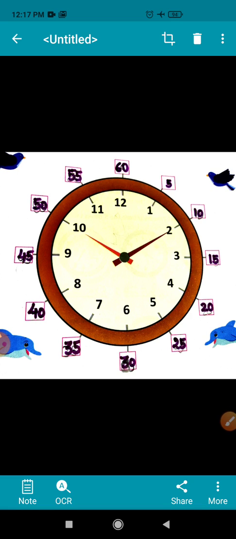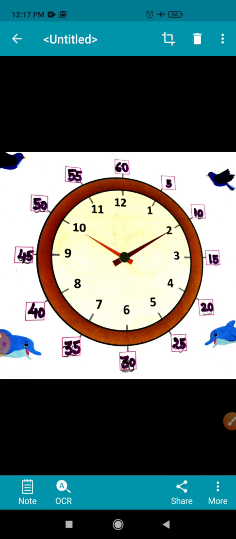Children, here in this picture you can read minutes by counting in fives. When the long needle is on 1, it will be read as 5. When it comes on 2, because we are counting in 5s, 5 twos are 10.